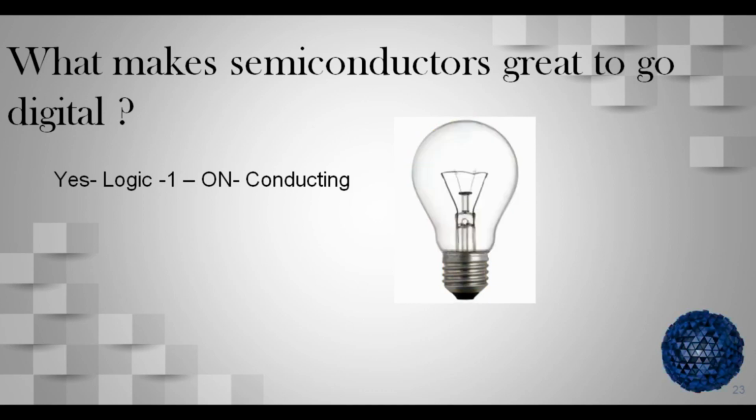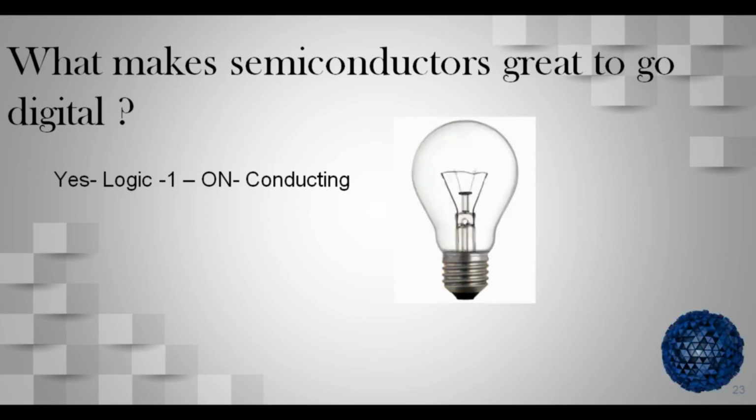So, in a digital system, the entire communication is done in terms of zeros and ones. We don't have any lengthy analog signal in a digital system. So, if I want to say my logic is 1, then I say it's yes or it's on. If anything is on, that means it's conducting. So, whenever I say my semiconductor is on or conducting, that means the logic is 1.